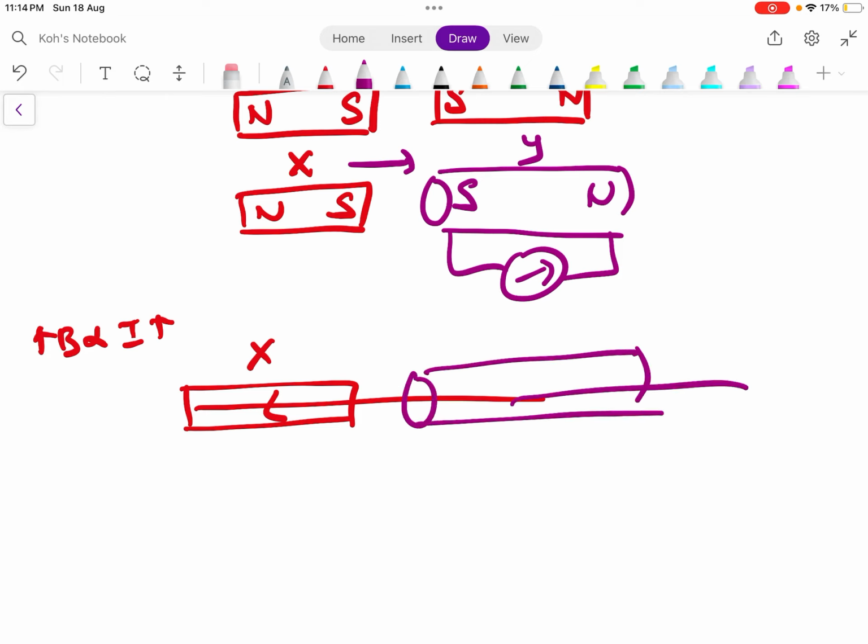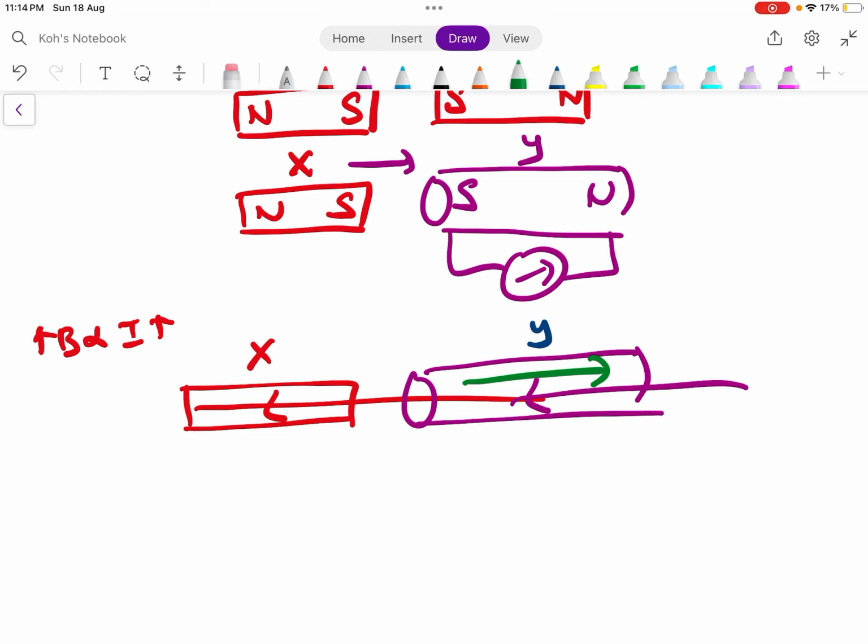Coil Y will experience an increasing B field towards the left hand side. So now the coil Y decides to oppose the change, because it is experiencing an increasing B field towards the left hand side, right? Means that now my coil wants to induce its own B field in this direction. You want to oppose the change, no? So of course it's pointing towards the right hand side.